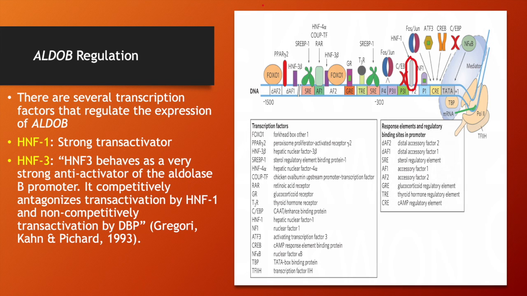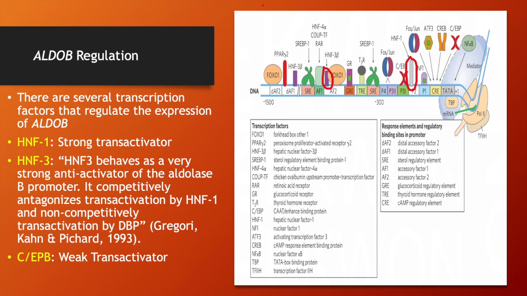It does so by competitively antagonizing the transactivation of HNF1 and non-competitively antagonizing the transactivation of DBP, which is another transcription factor. So HNF3 is located there on the diagram.